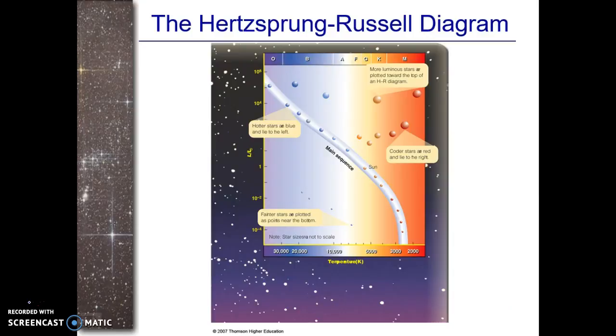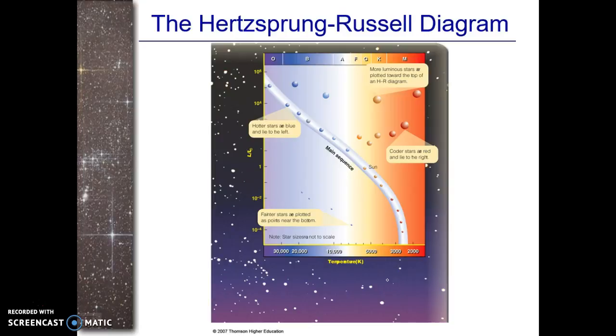Here's a copy of an HR diagram. Luminosity is on the vertical axis. As you go up, the stars are more luminous; as you go down, they're less luminous. Going from left to right on the temperature scale, you go from very hot to very cool.